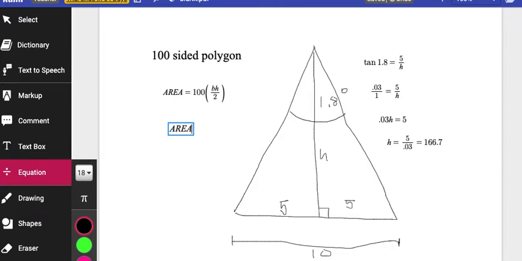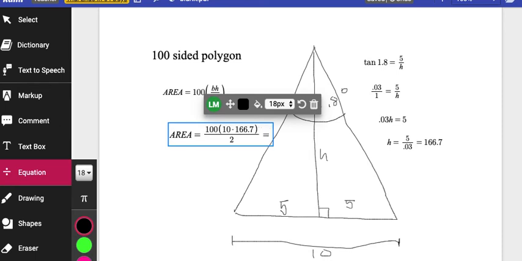So again, my area is going to be 100 times my base, which was 10. Be careful that you don't use 5. It's this entire length. That's 10. So that's 10 times the 166.7. And that whole thing is going to be divided by 2. So I'm going to go ahead and use my calculator for that.